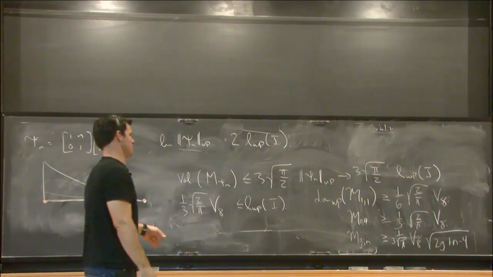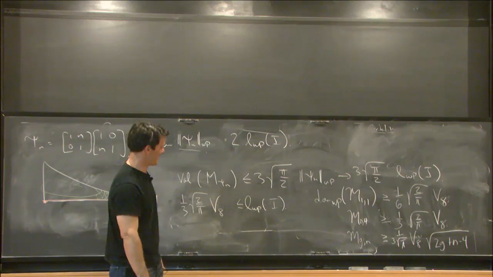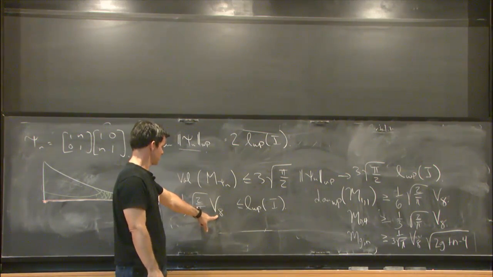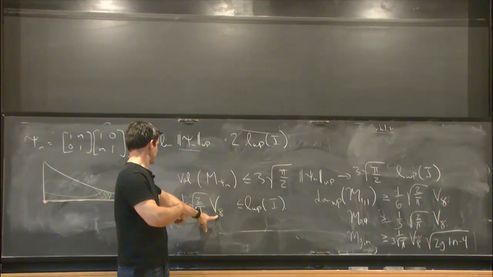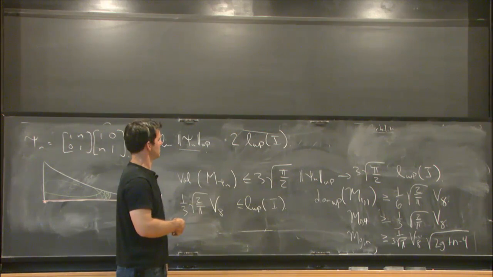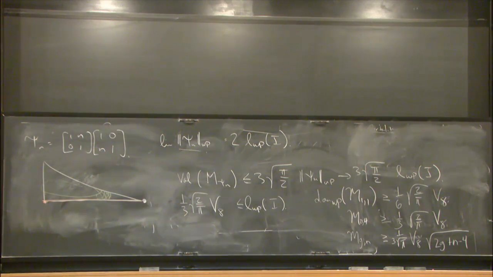I've been through these constants multiple times. I don't think I'm going to attempt to do that right here. But it should be twice V8, so maybe I'm off by a factor. I'll review that. I hope it's right, but maybe it's wrong. I think it's a factor of 2. Which factor here?